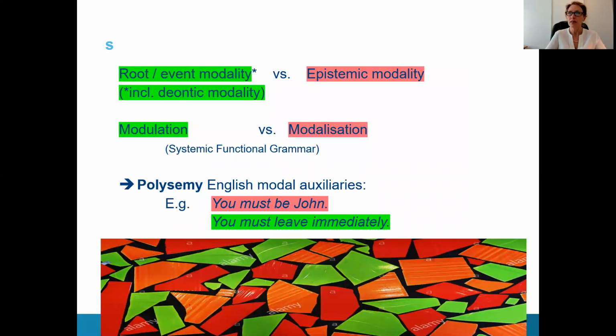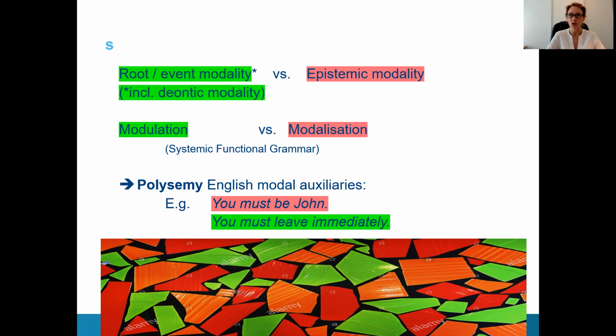Now, as you will see, I've used different colors to indicate the two subdomains. So green for root modality, including deontic modality, and red for epistemic modality. And one level on which these two meanings already work together to create different sides of one expression is that of the modal auxiliaries in English, where one form can express both an event modal meaning and an epistemic meaning.